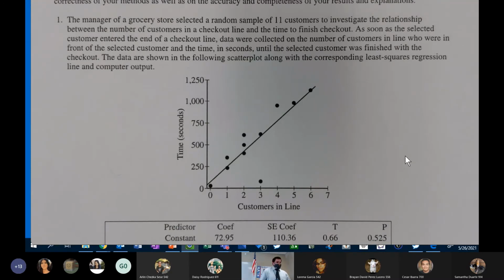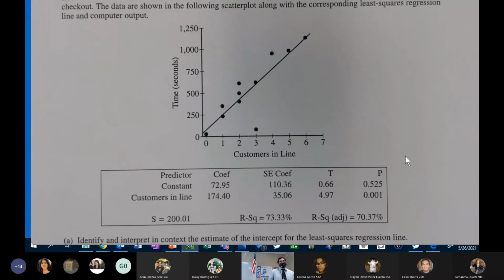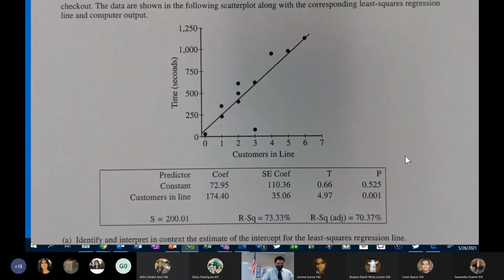All right, so here we have our data. Similar to what we saw on PowerPoint, right?